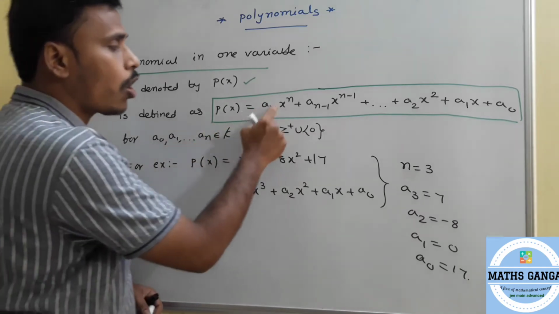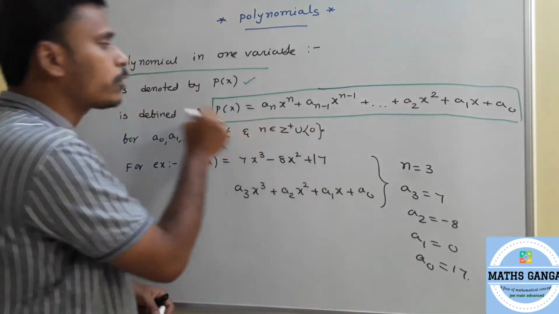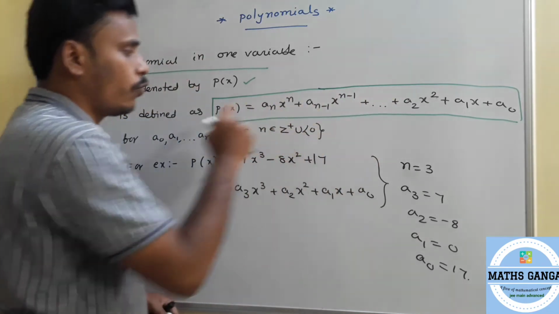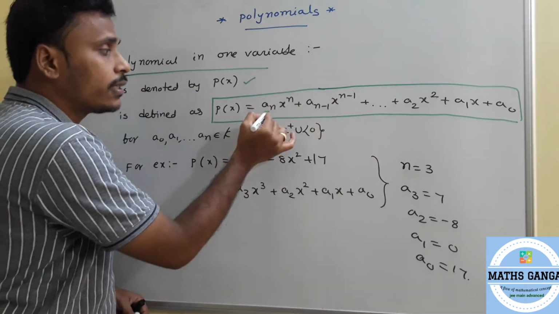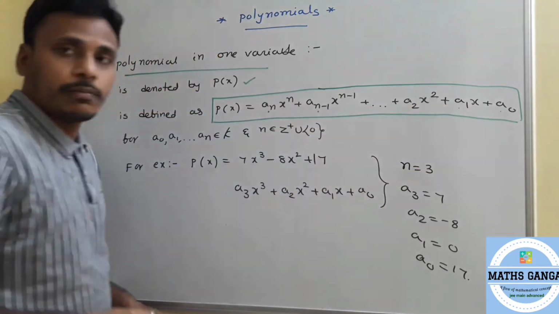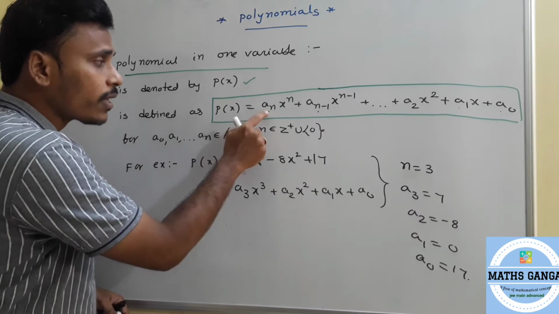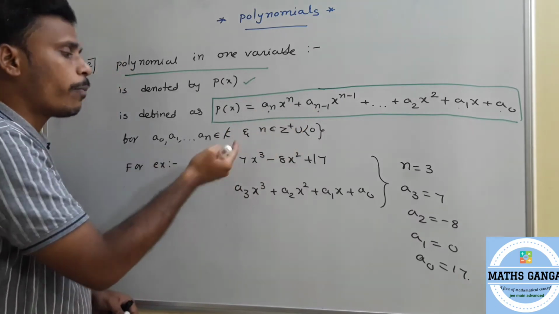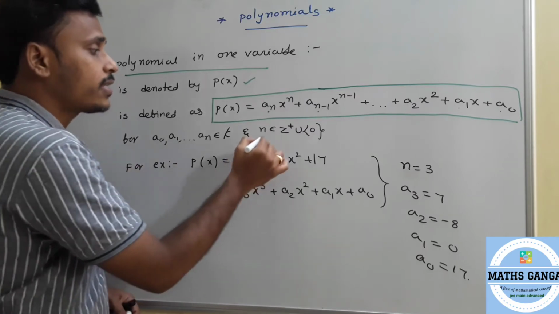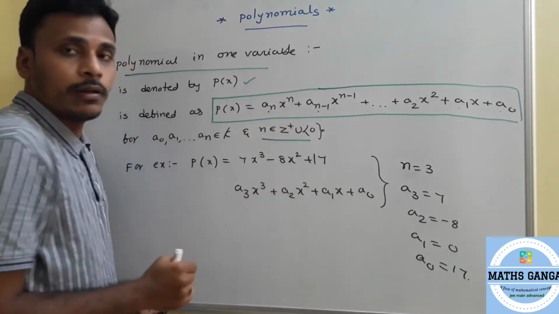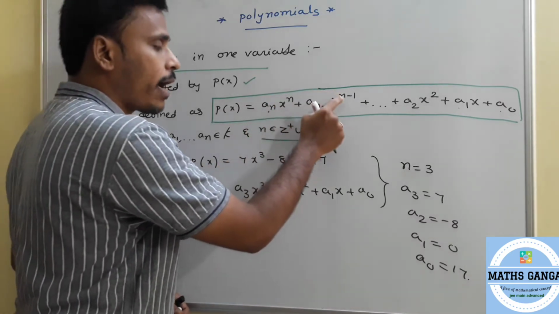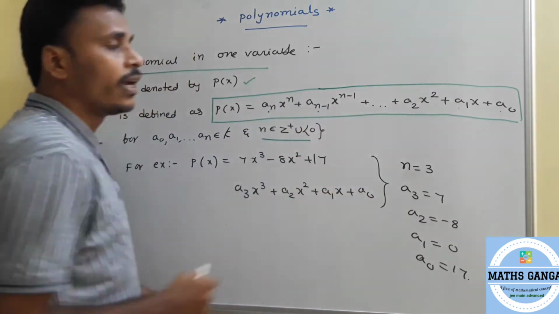Just have a look. All these are the terms of this polynomial. Since it is of one variable, only x is involved. These we call coefficients. Already we know it from algebra and algebraic expressions. These coefficients are complex numbers. They may be real, they may be complex, they are constants. Whereas n is the power of the variable, the highest power of the variable, because this is n minus 1, and it is continuously decreasing.